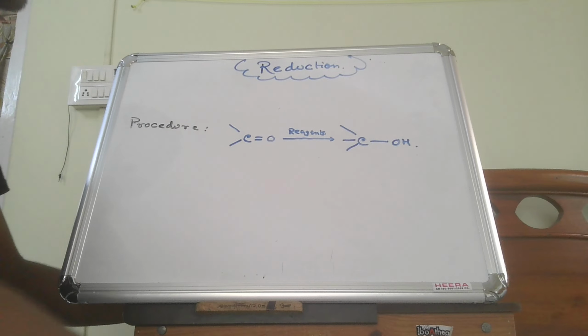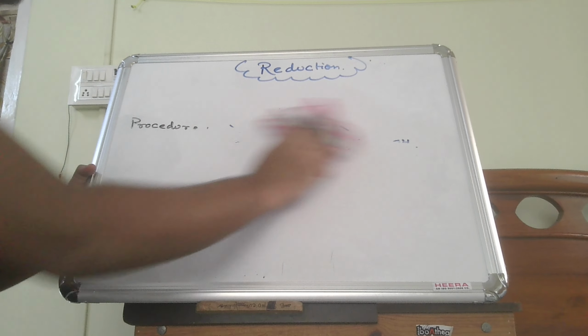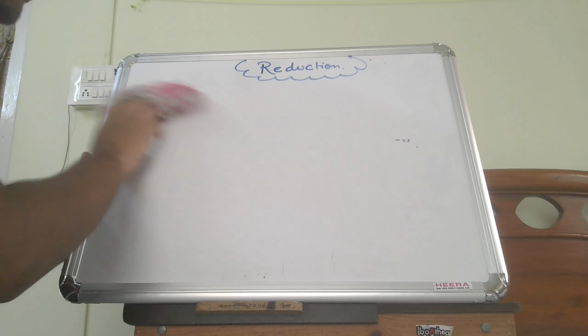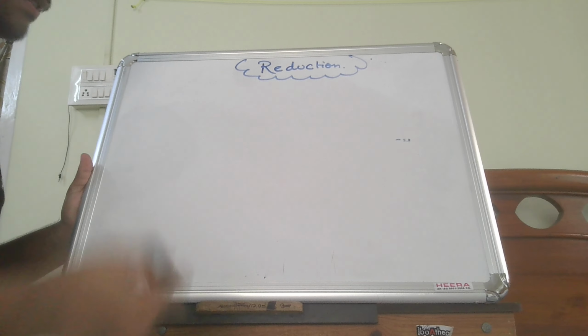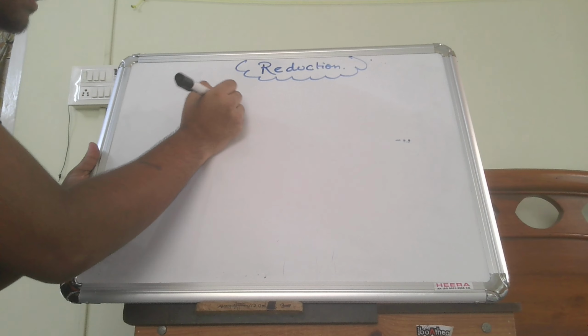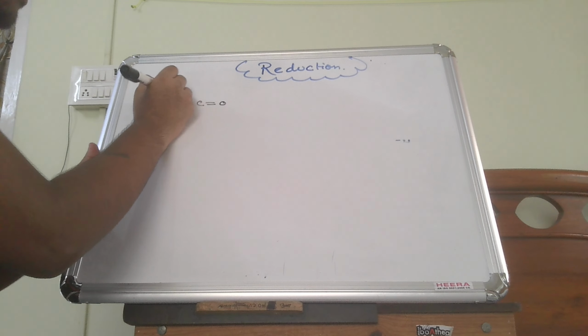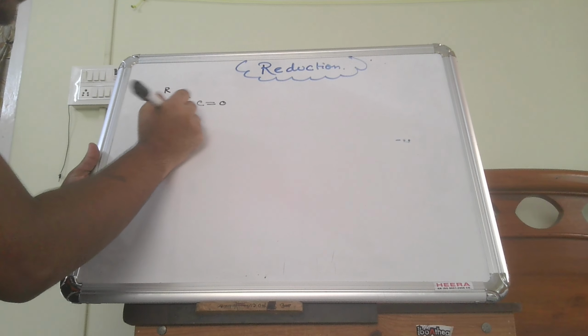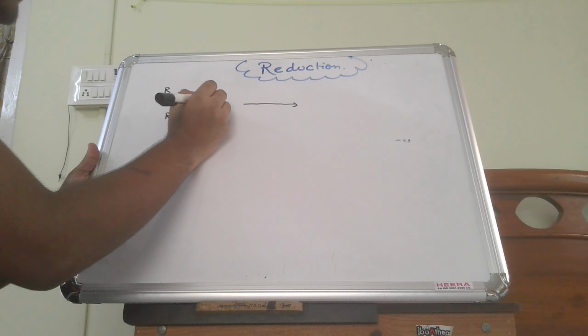Here we will be using a few reagents. Suppose here we have C double bond O with R and R. How can we open this bond?